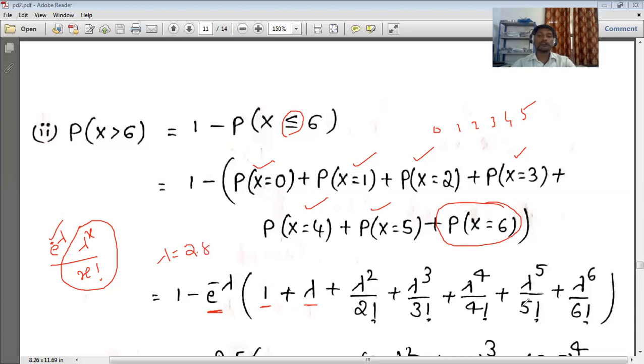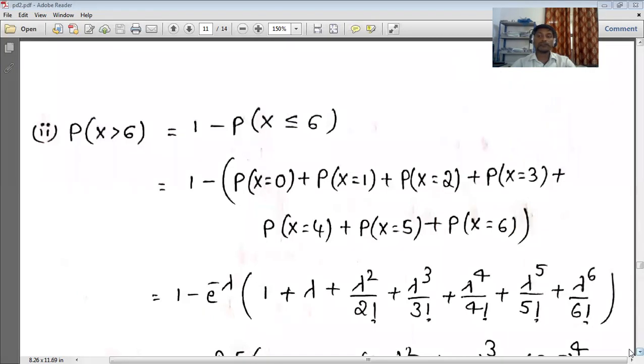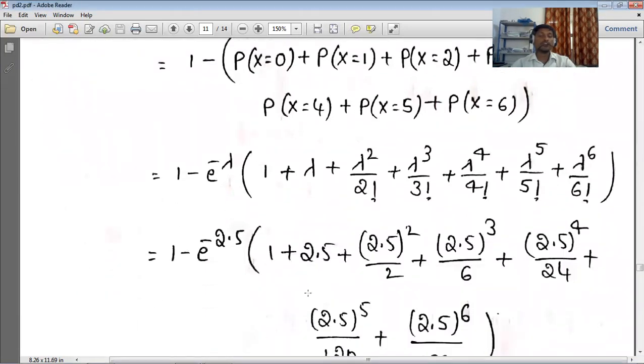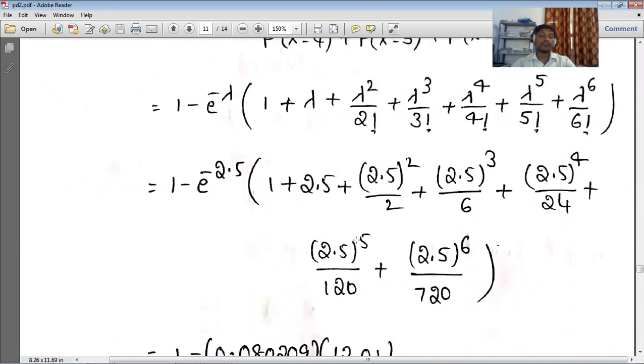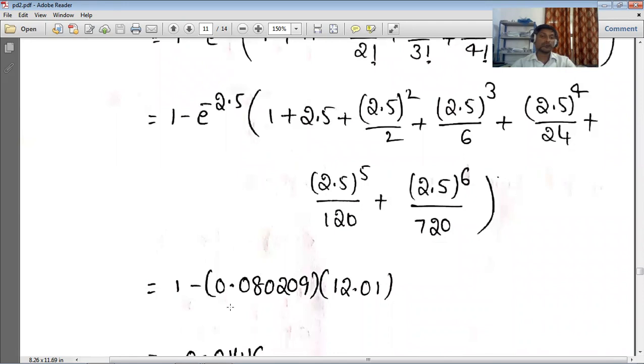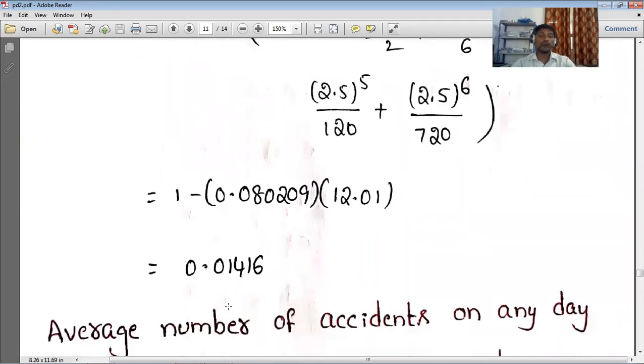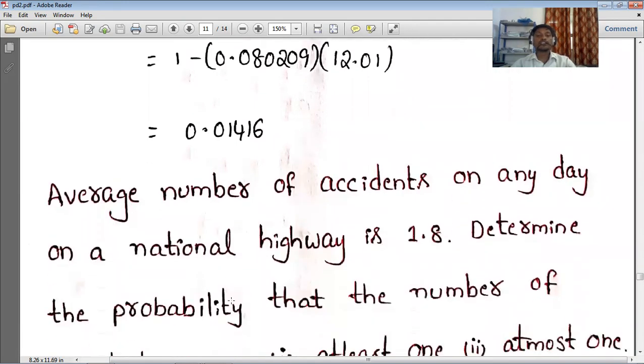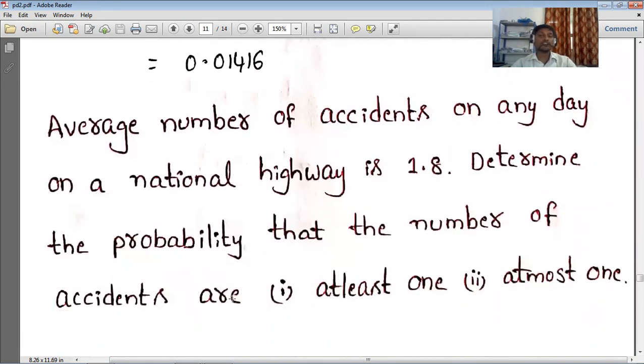So in place of lambda we substitute 2.5 again: 1 minus e power minus 2.5 times (1 plus 2.5 and so on). Wherever you have lambda, we substitute 2.5, and then we simplified this one to 0.01416.